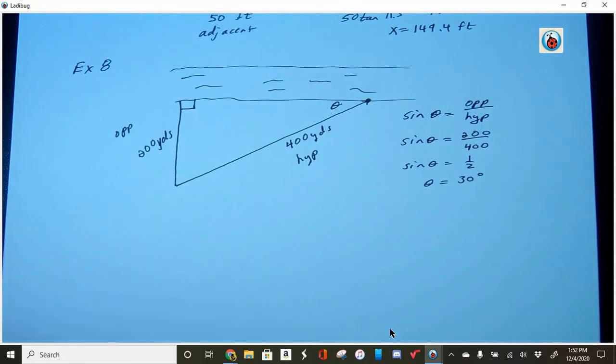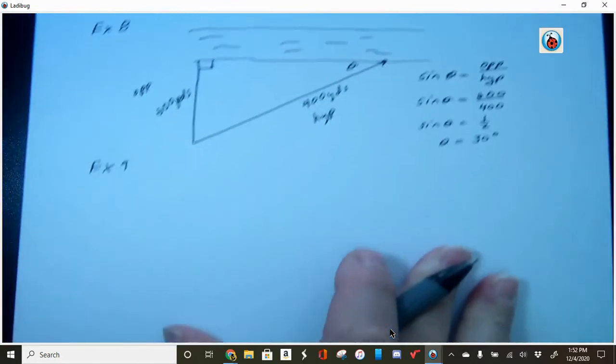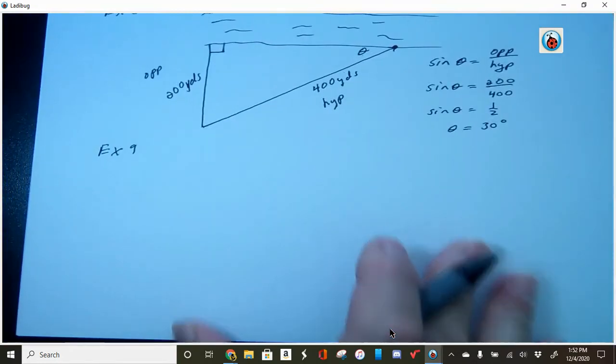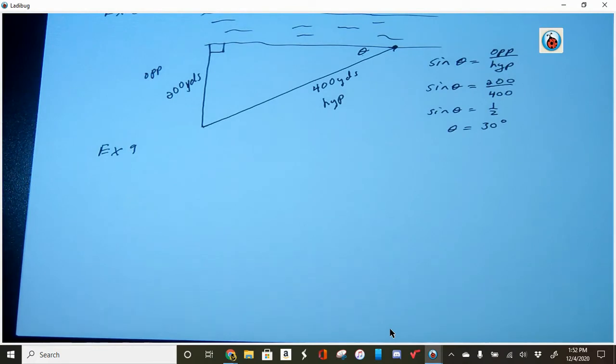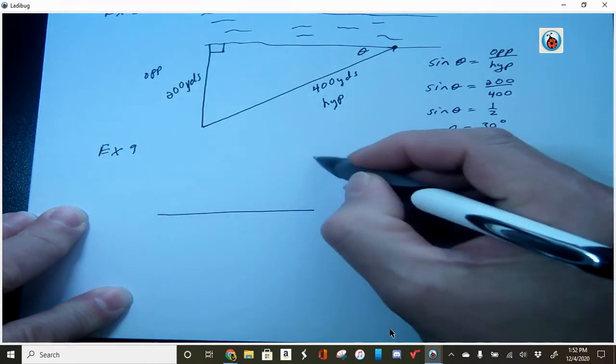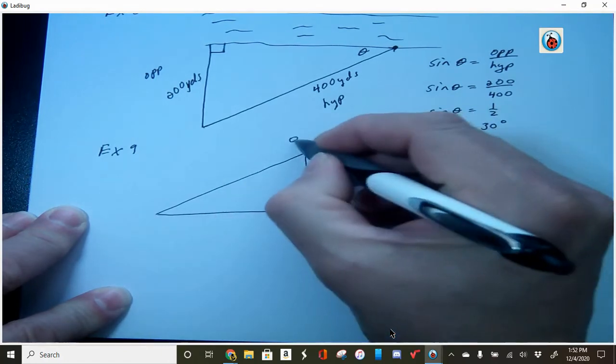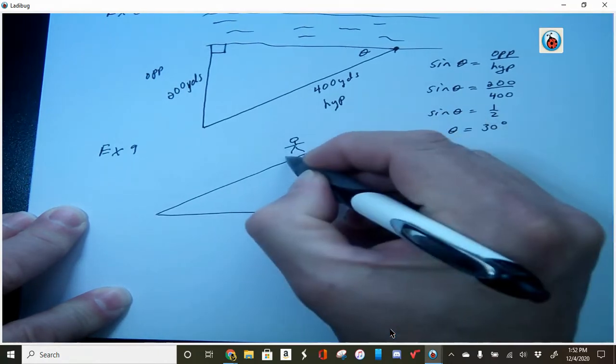Okay, so let's go ahead and go on to example number 9. A skateboard ramp requires a rise of 1 foot for every 3 feet of horizontal length. All right, let me go ahead and draw a little ramp here. And here's a little skateboarder up here with this skateboard.